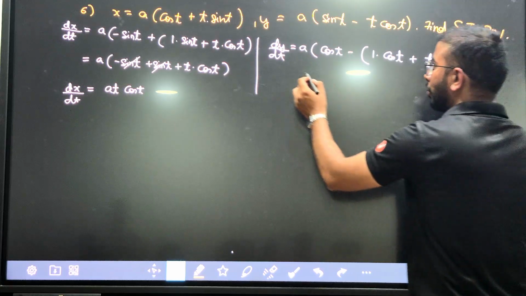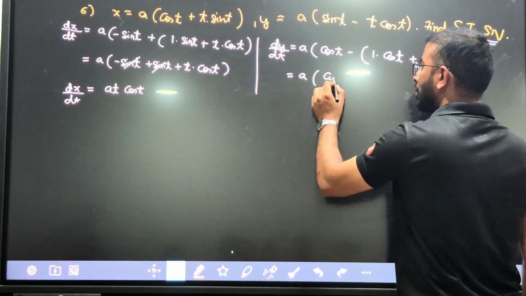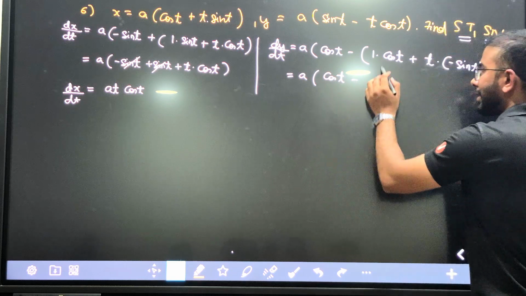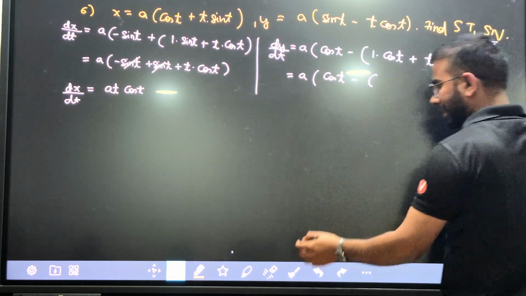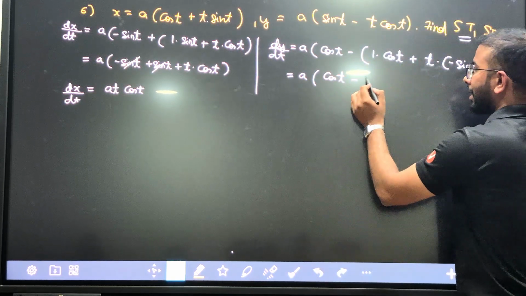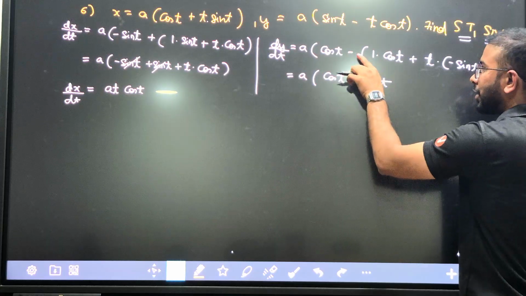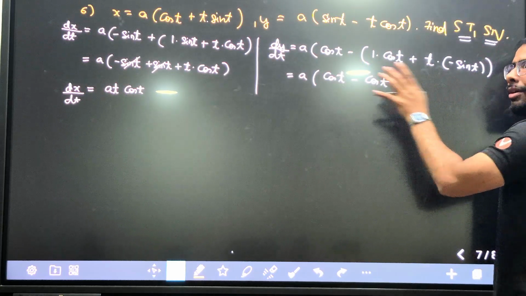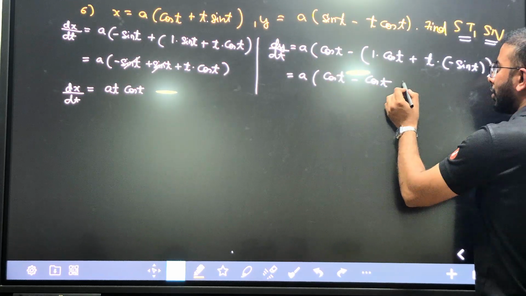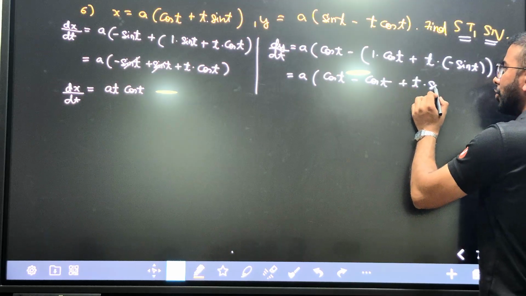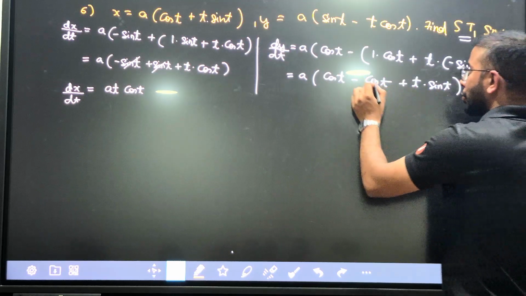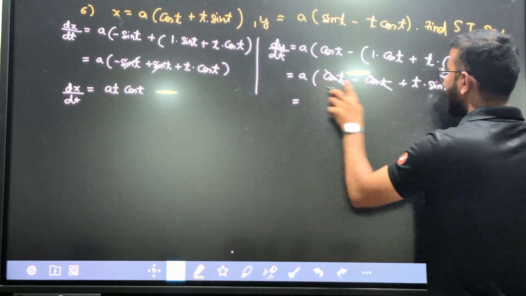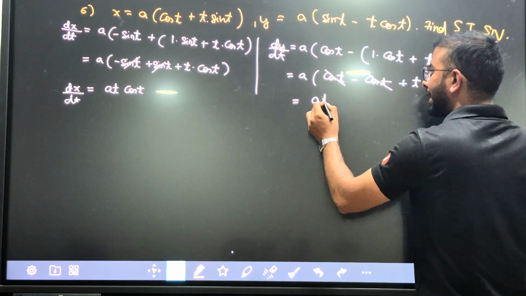So what we have with this is a into cos t minus. Let's open this directly. Now this will become minus cos t. Now pay attention, this minus into minus will become plus. So this would be plus t into sin t. So both will get cancelled. What we have is a t sin t.